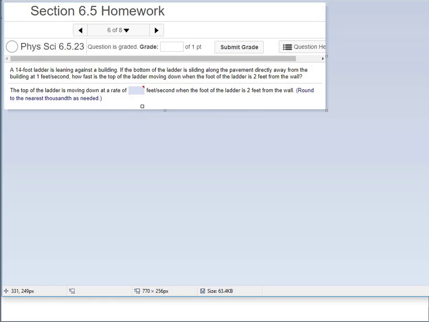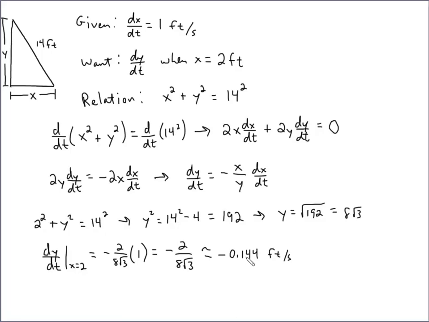The question says to round the answer to the nearest thousandth as needed, so yes, that's the thousandths: 0.144. There's our final answer, and this does make sense. We expect a negative answer because if x is getting larger as the ladder slides down, y is getting smaller. If y is getting smaller, the derivative has to be negative.